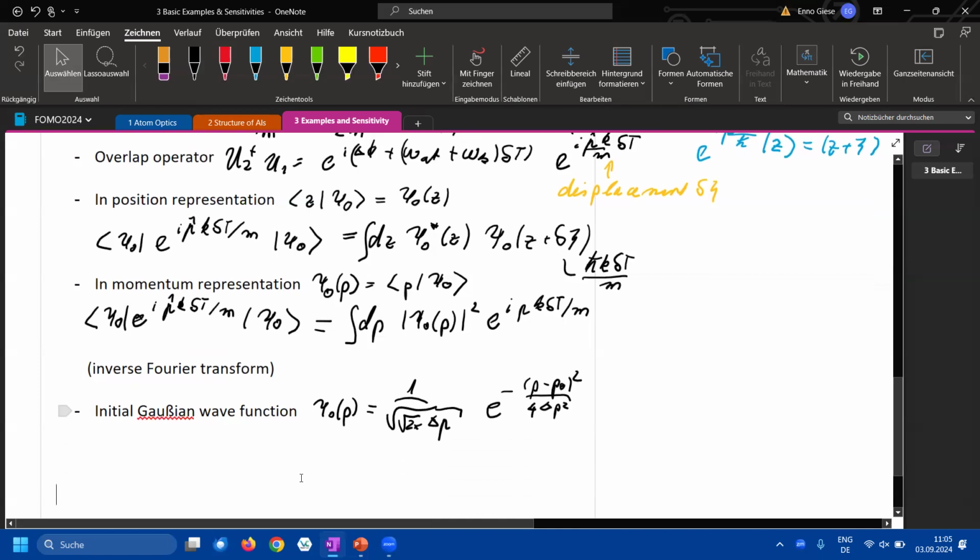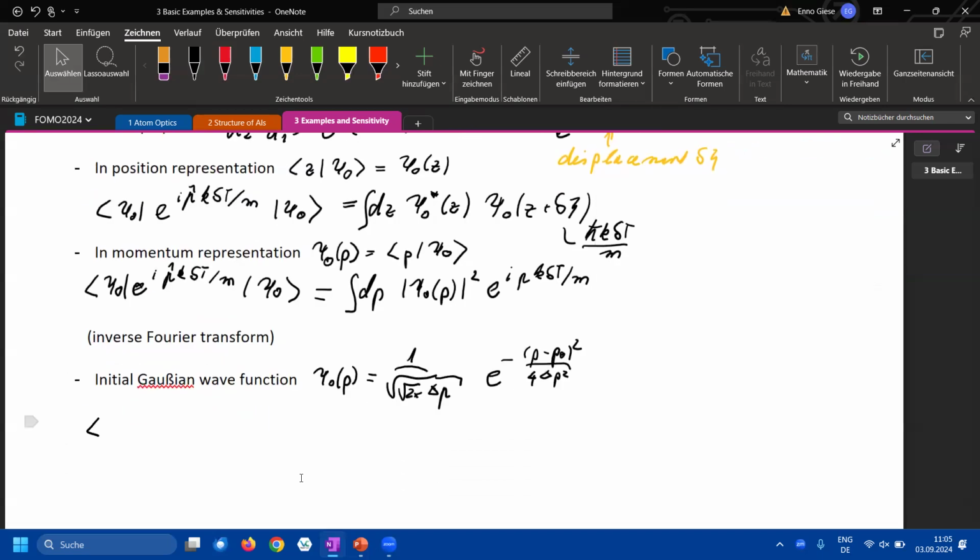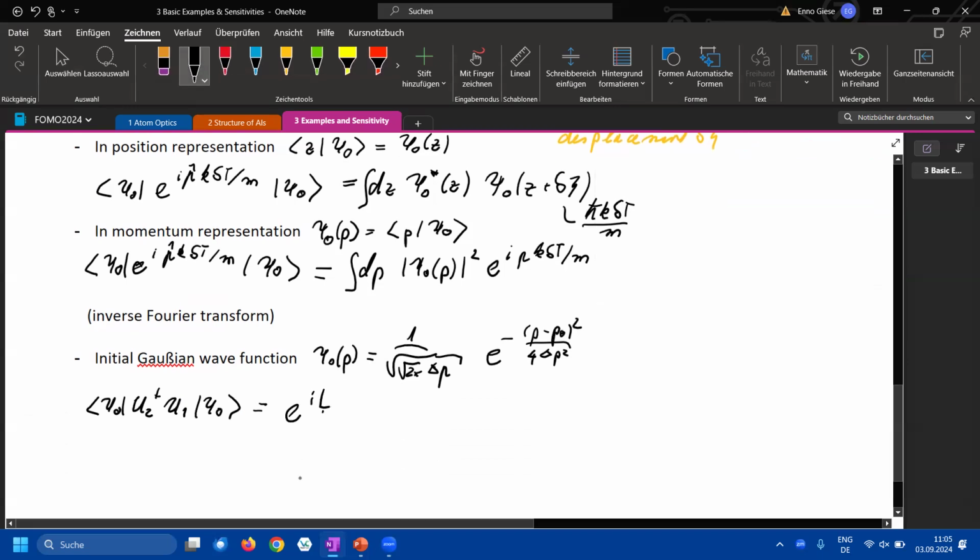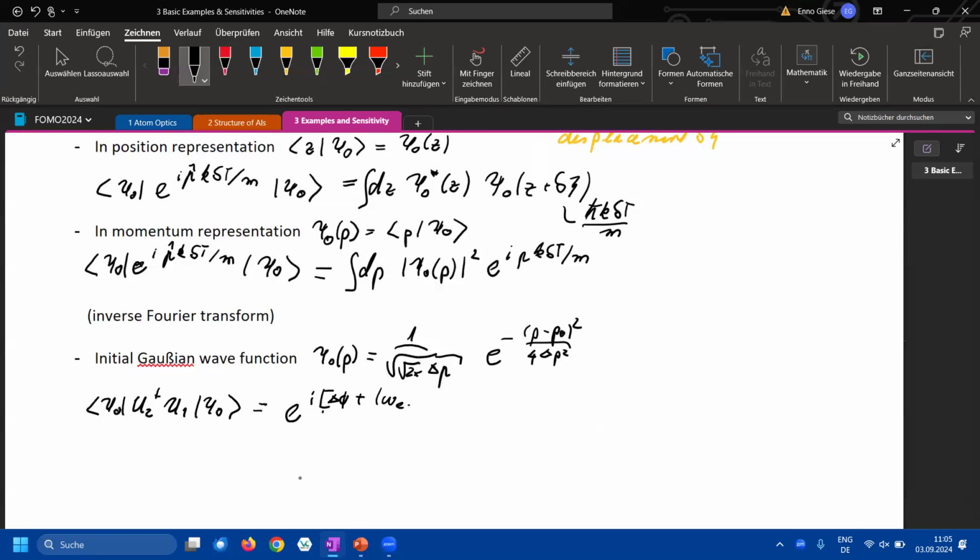So we find the overlap operator, psi naught u2 dagger u1 psi naught, is equal to e to the i delta phi, which is the laser phase difference, plus the clock phase omega atom plus the recoil frequency times delta t.